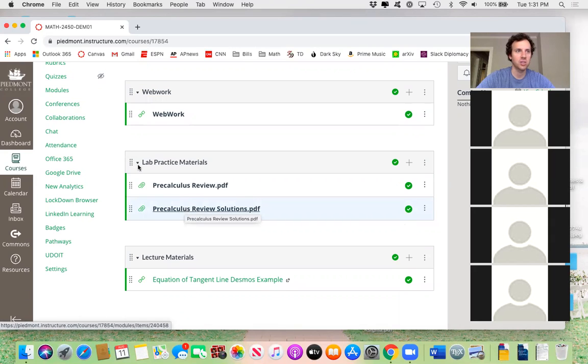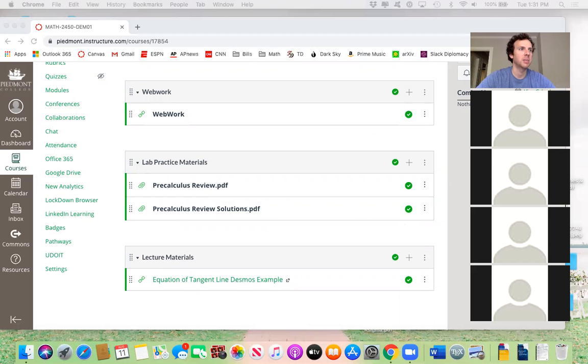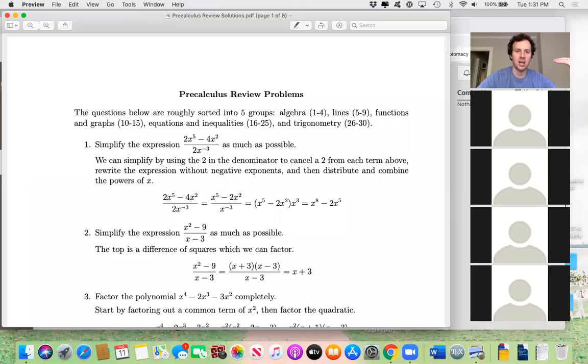For all the quizzes that are going to be happening in labs, there will also be solutions posted for those. How I try to do these solutions is I don't want to just write the answer. I try and show the work as well as a little bit of a description of what's going on. So not only can you see the answer you're supposed to get, but also a written-down version of what I would say if I was going to explain this problem.